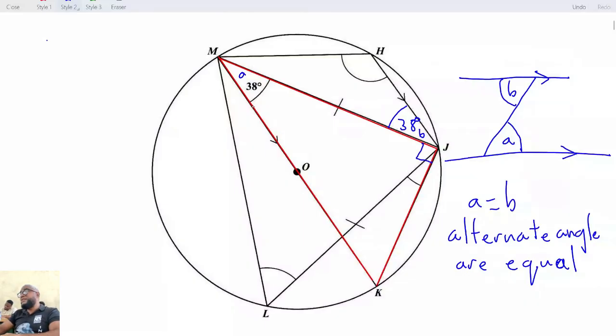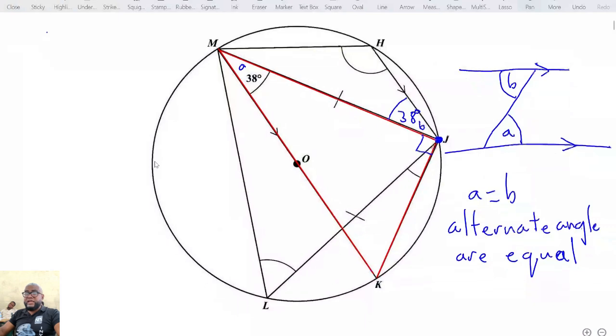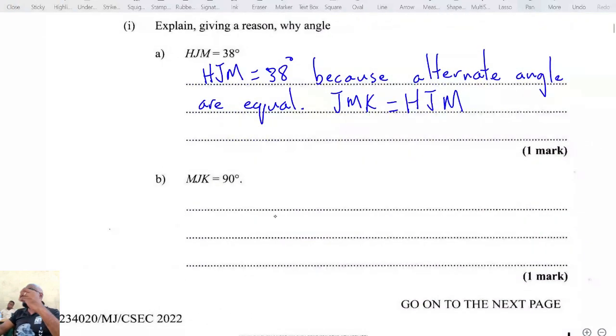Once you have a diameter, which is a straight line that goes through the center of your circle and touches the circumference on either side, the triangle that we form off the diameter, once the top vertex touches the circumference, is a right-angled triangle.